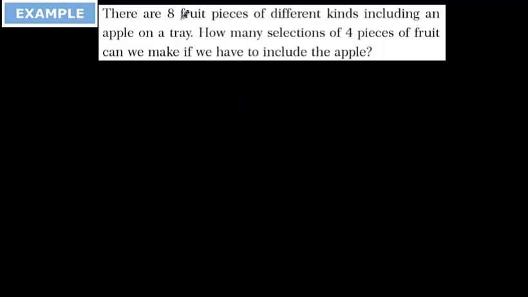Okay, there are 8 pieces of fruit of different kinds, including an apple, on a tray. How many selections of 4 pieces of fruit can we make if we include the apple? If we have to include the apple, it means we are going to put the apple already in a plate.